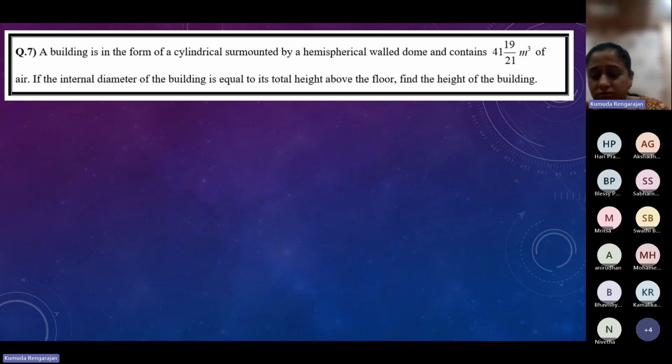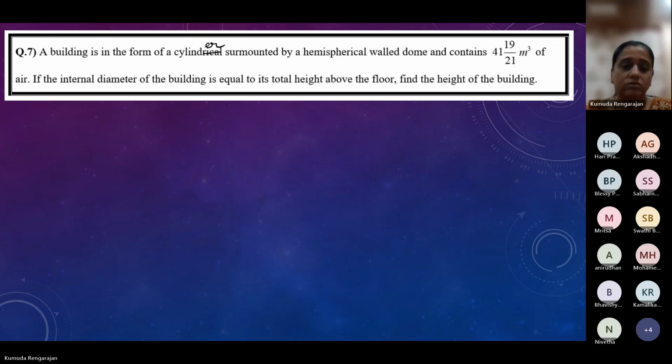Here is your next question. A building is in the form of a cylinder. No, not cylindrical. A building is in the form of a cylinder surmounted by a hemispherical walled dome.